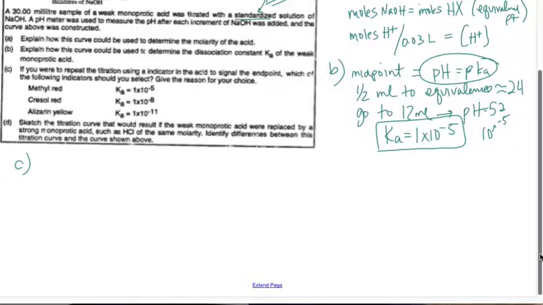So indicators change color when? When do indicators change color? At their own pKa, right?